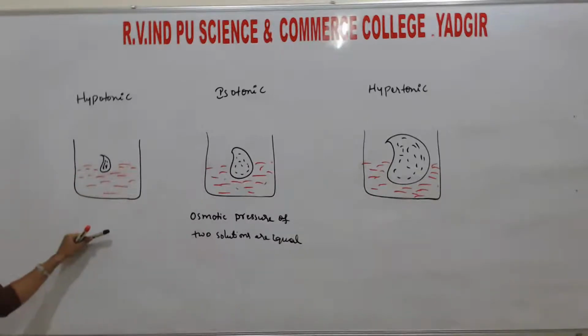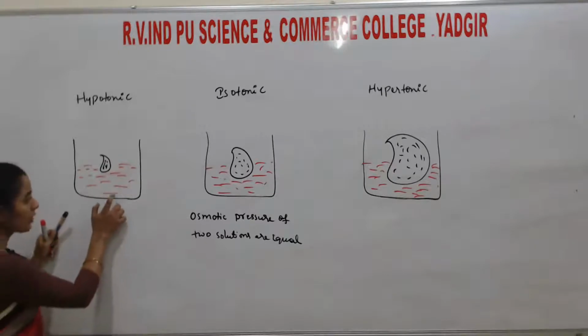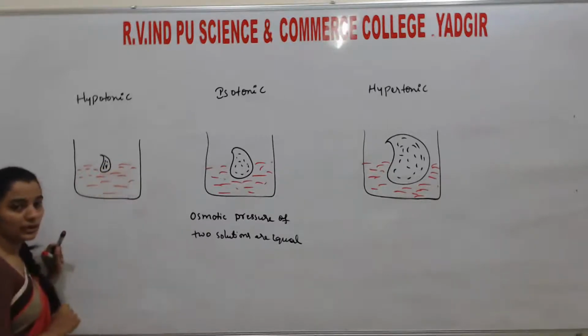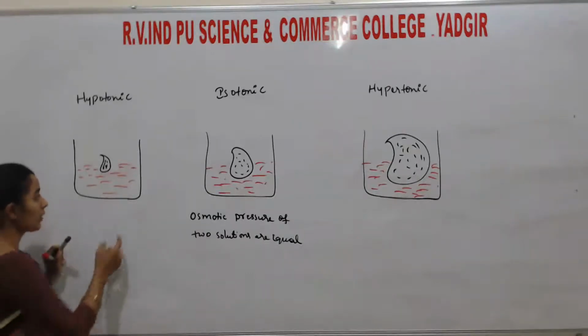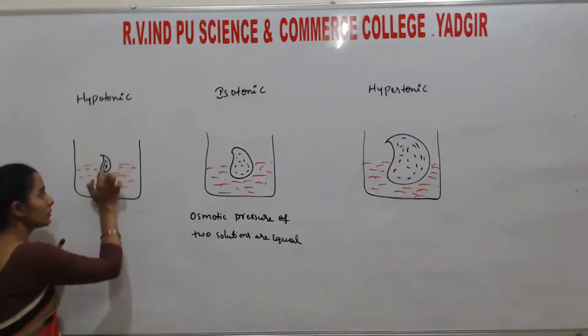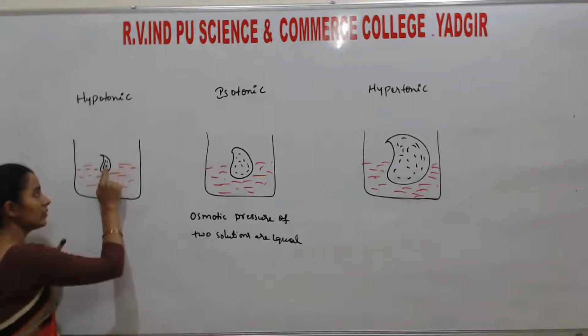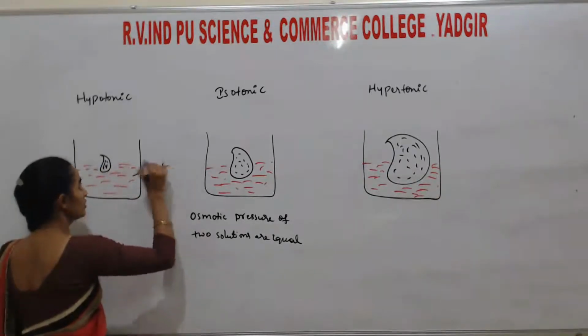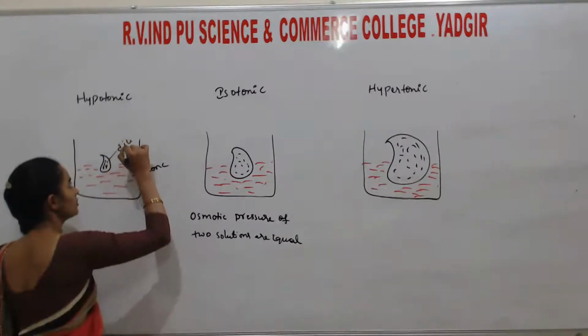So what does hypotonic mean? Listen, here the concentration of this solution is more and this solution is less. So what happens? The solvent molecules are transferred from here. This is a concentrated solution, this is dilute.